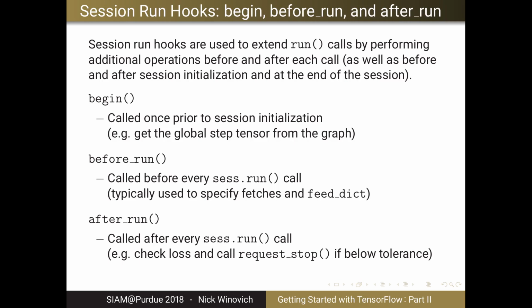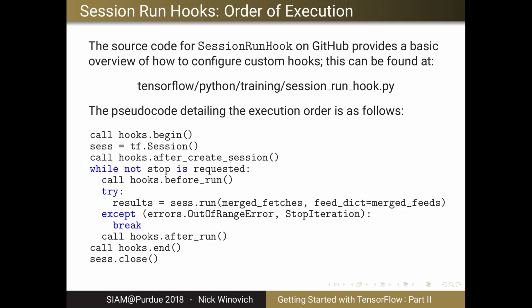And just in terms of the API, it's hard to find on the actual API, but in the source code buried in there, there's actually a relatively good explanation. If you go to the GitHub page for the source code for SessionRunHook, it has a little explanation, and in particular, there are a few other methods that are called. We see it first calls the hook's begin, then creates the session.